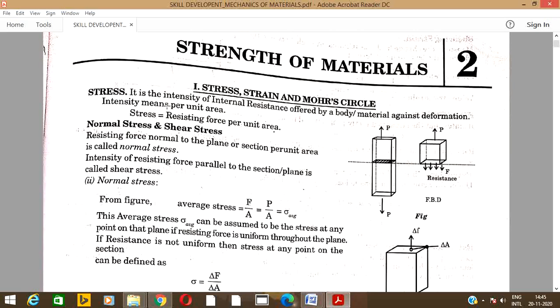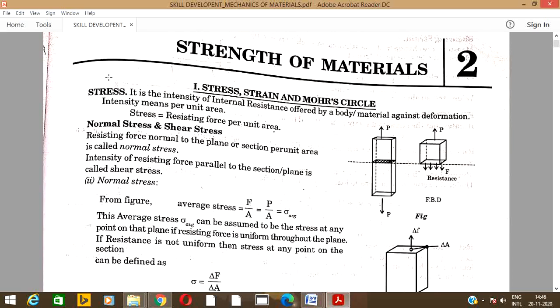Intensity in Kannada we call tivrate. How intense is the internal resistance offered by a body or material against deformation? Stress is the intensity of internal resistance of the body or object when it is subjected to external force.